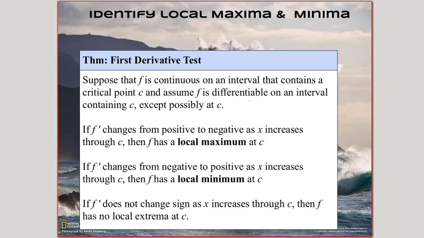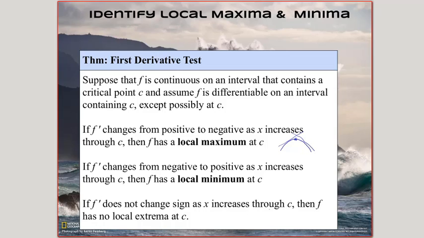Because what we're thinking of is your function is doing this, and so at c, it's changing from having a positive slope to a negative slope, that means it must be a local maximum.